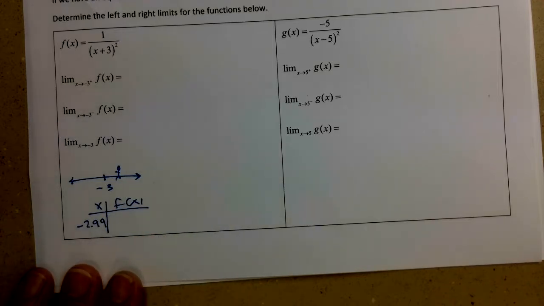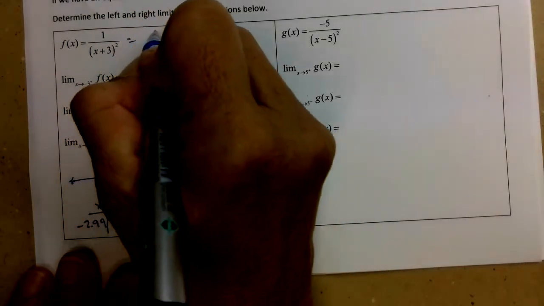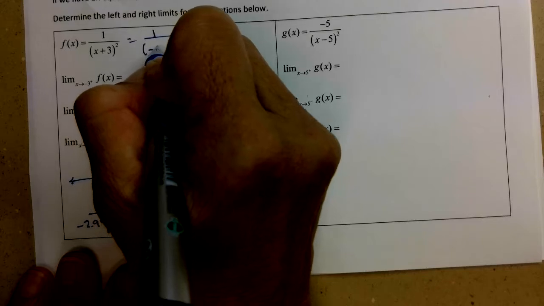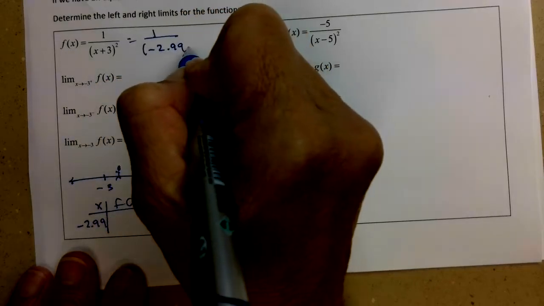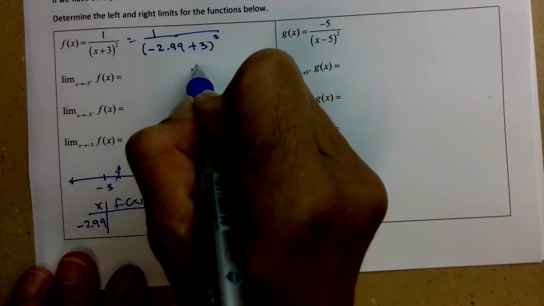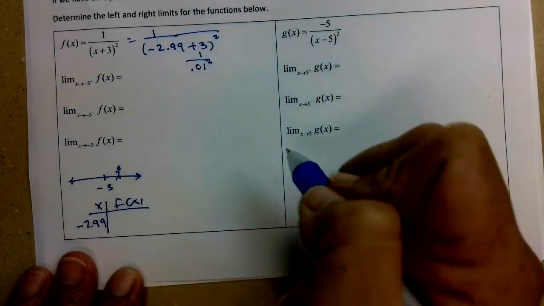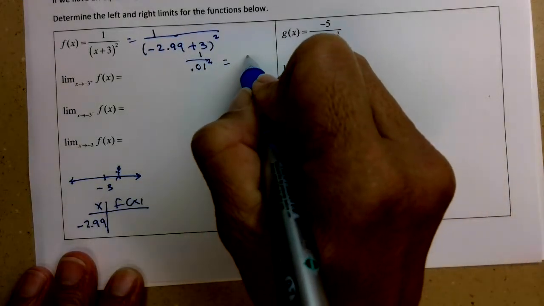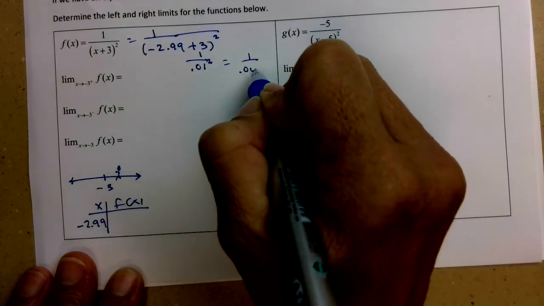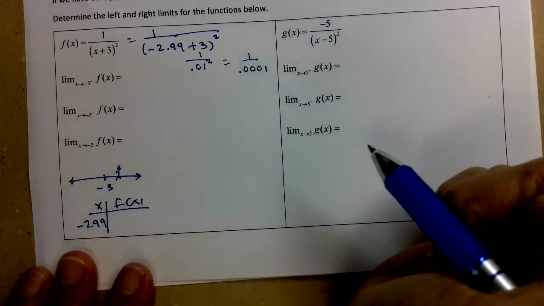And I think we can even do that one in our head, right? If x is negative 2.99, so negative 2.99 plus 3, squared. So that's going to be 0.01 squared in the denominator. So that's 1 over 0.0001, so 10,000.